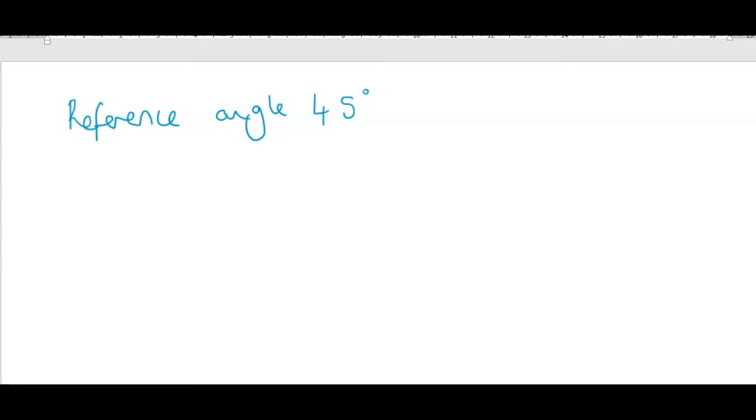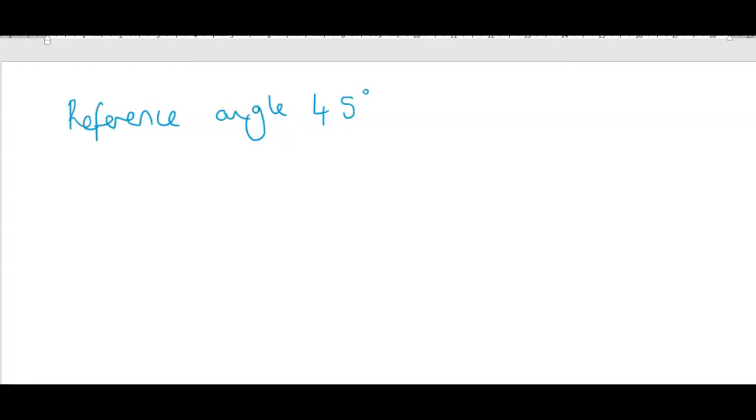It's mostly because we can get exact values from these, and also they relate quite nicely to the radians. So 45 degrees is pi on 4, 30 degrees is pi on 6. What else do we have? So 60 degrees is pi on 3. So they're just chosen because they work quite well.